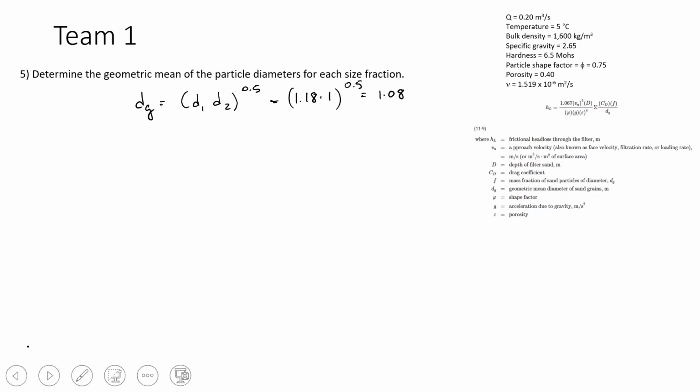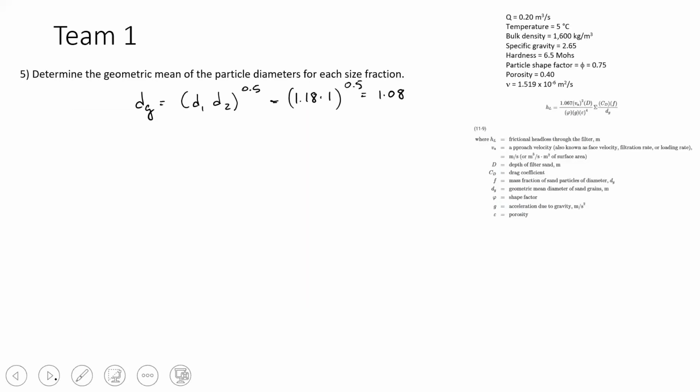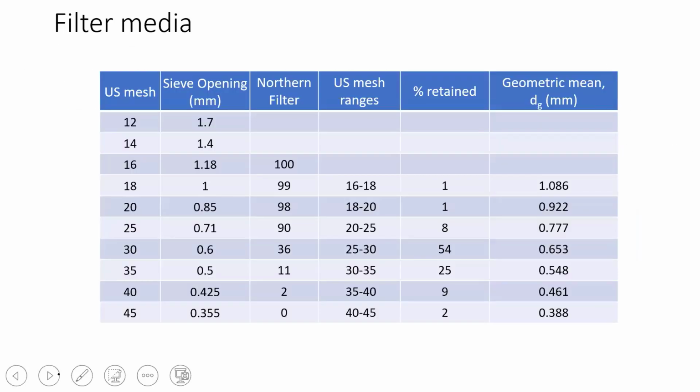Do the same thing for the next set, which is 1 times 0.85. Take the square root of that, and that is 0.922. We're going to do that for each of the size fractions that we have here, and we now have the geometric mean of the two adjacent size sieves.